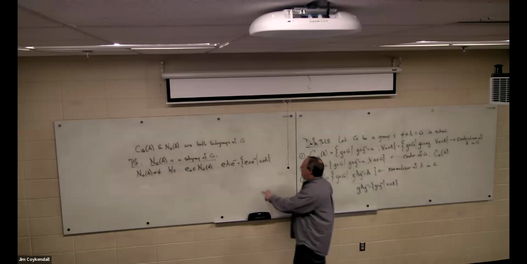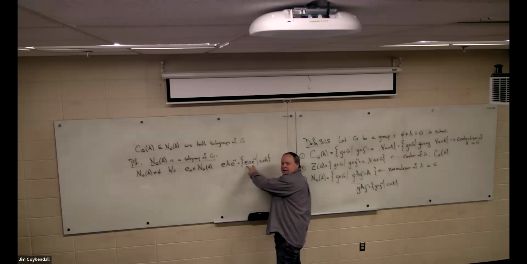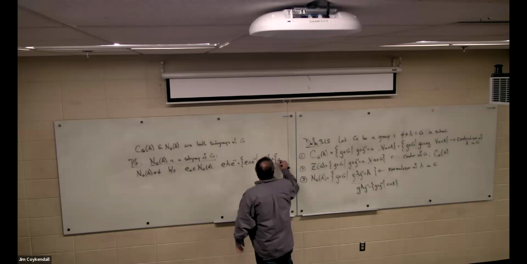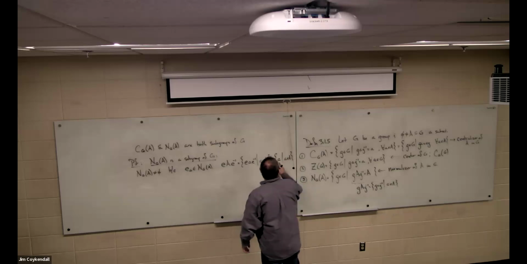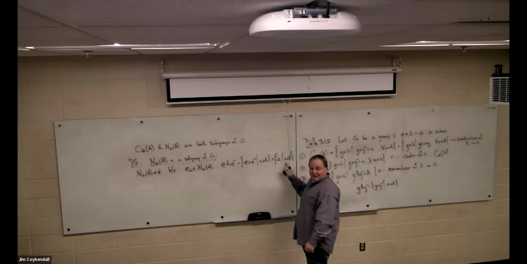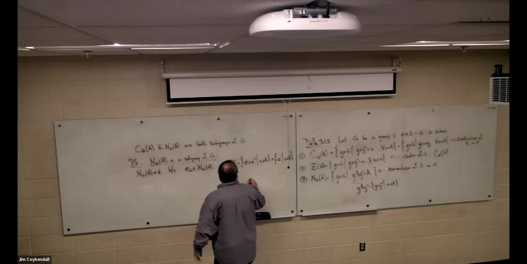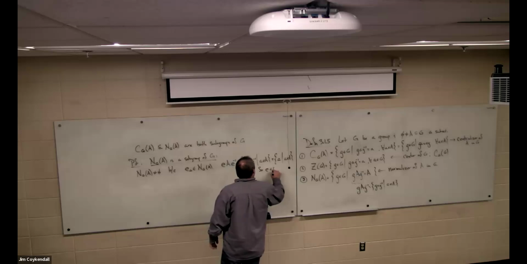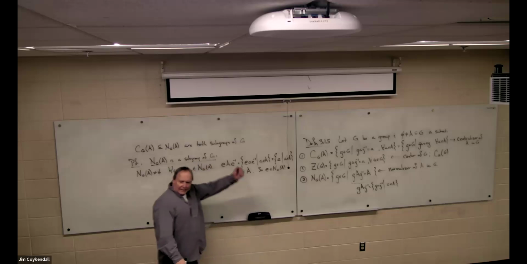But if I'm a lazy man, and I am, what is an easier way for me to write e a e inverse? Just a. And the set of all a such that a is in A is A. So okay, I've got that. It's not empty.